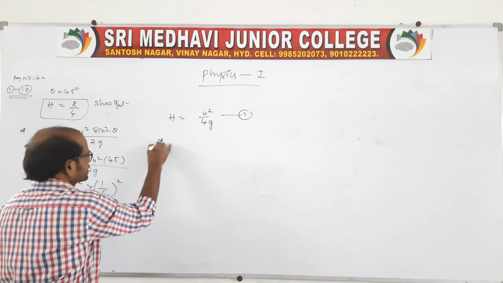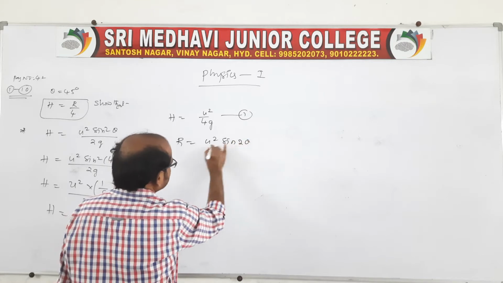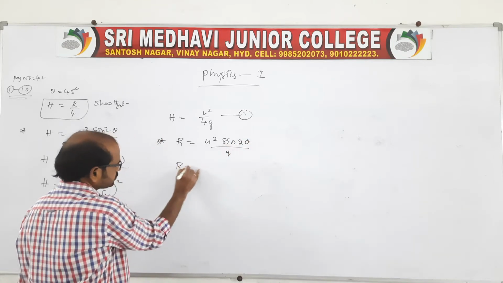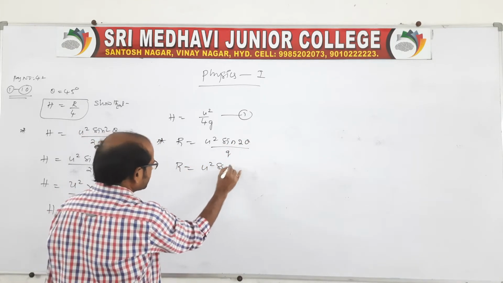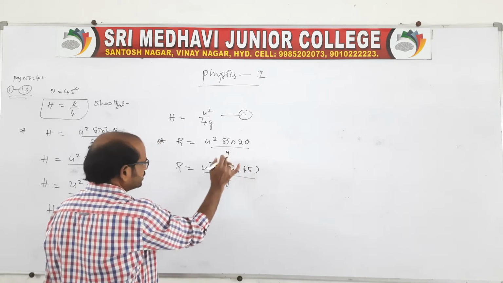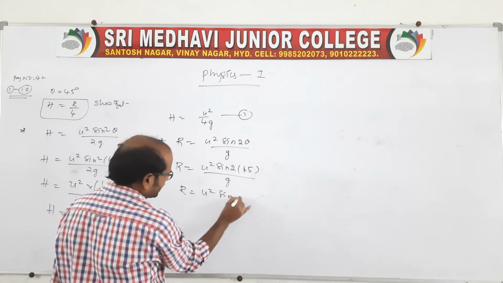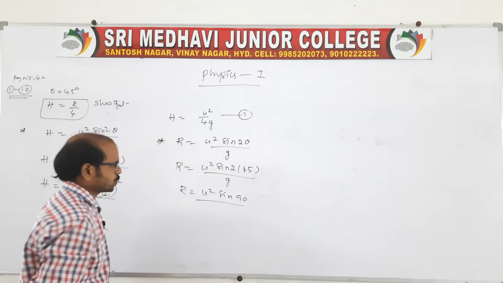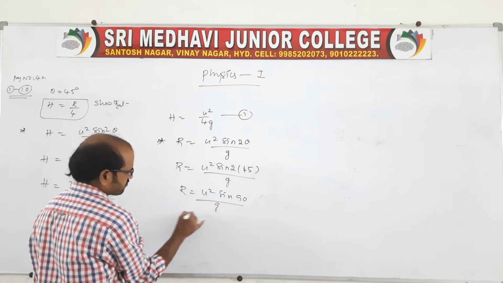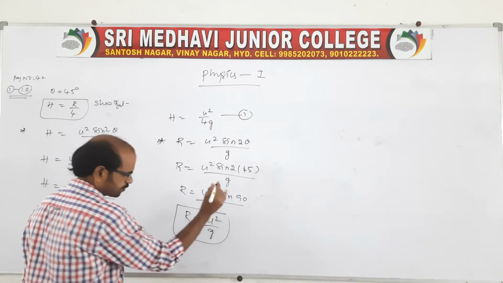Now take the range also, that is u square sin 2 theta by g, then u square sin 2 into 45 by g. Clear? So range is equal to u square sin 90 by g, because 45 into 2 becomes 90, and sin 90 is 1.